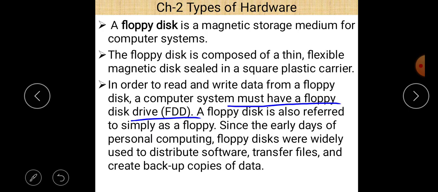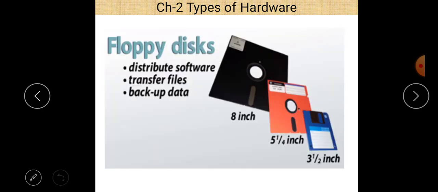Since the early days of personal computing, floppy disks were widely used to distribute software, transfer files, and create backup copies of data. So two important points are here. First of all, a floppy disk is a magnetic disk, composed of a thin and flexible magnetic disk sealed in a square plastic carrier.